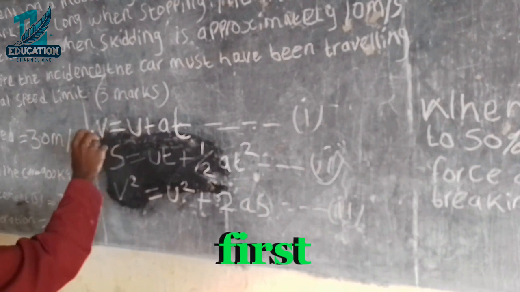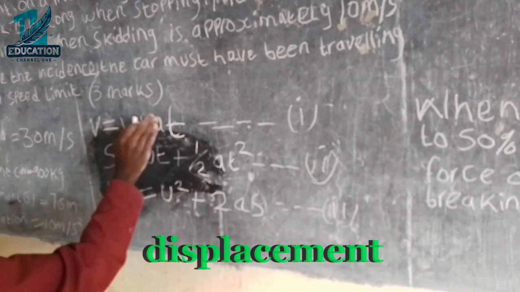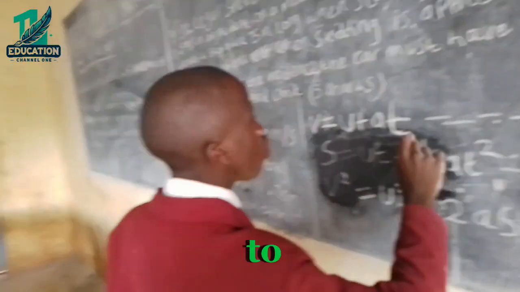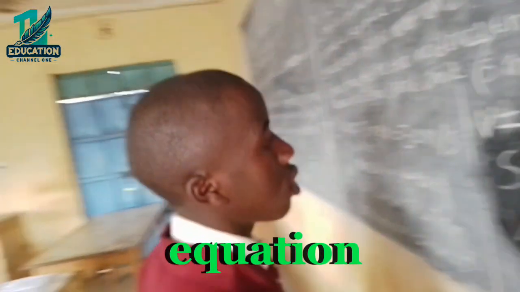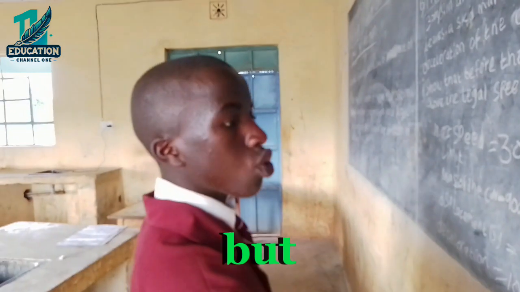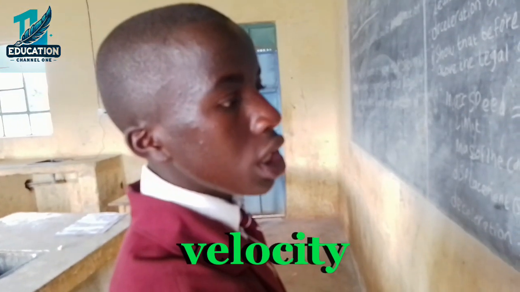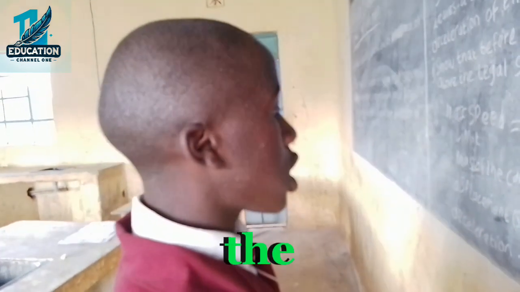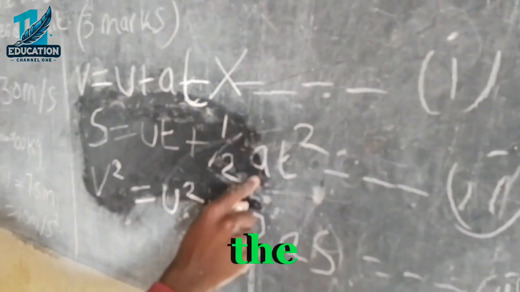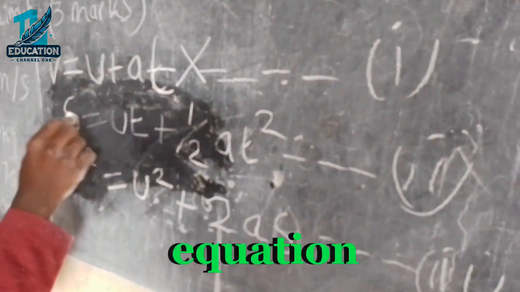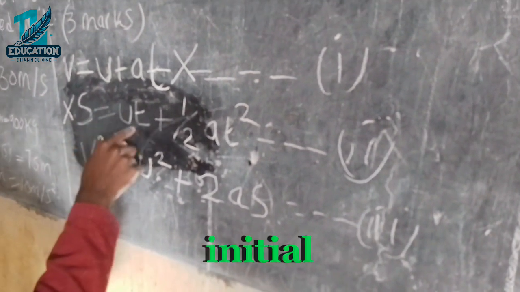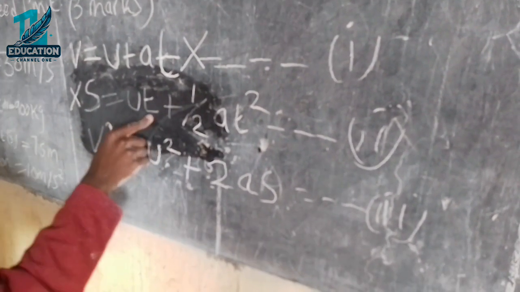And in our first equation, there is no displacement. So, we are not going to apply the first equation. For the second equation, we have the displacement, but we don't have the initial velocity, we don't have the time, and we have the acceleration. So this equation we are not going to apply because we do not have the initial velocity as well as the time.